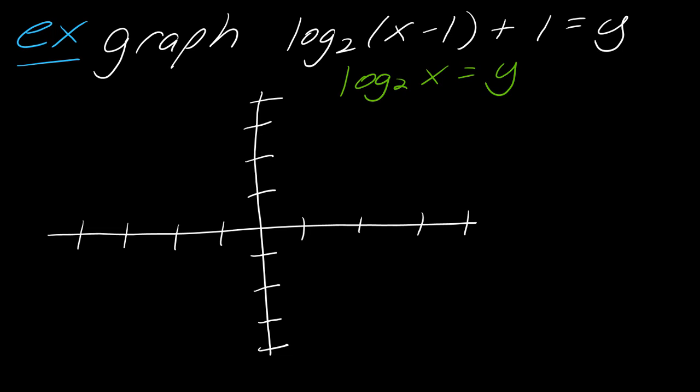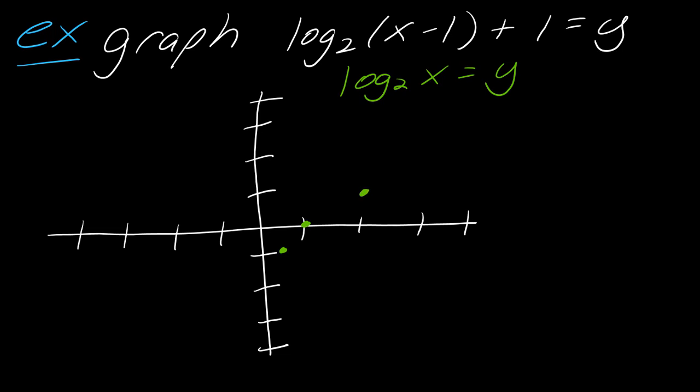Okay, so I was just talking about those 3 main points. The 3 main points that you would normally have would be (1, 0), and then (1/2, -1), and then (2, 1).